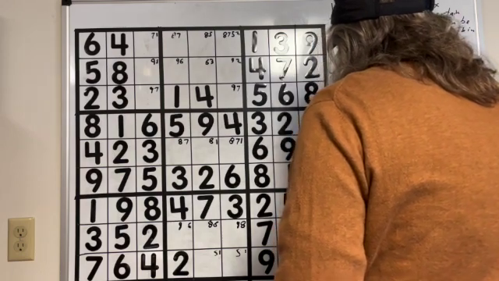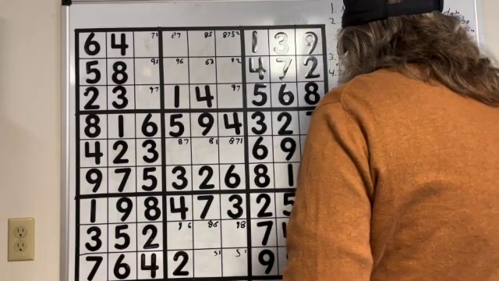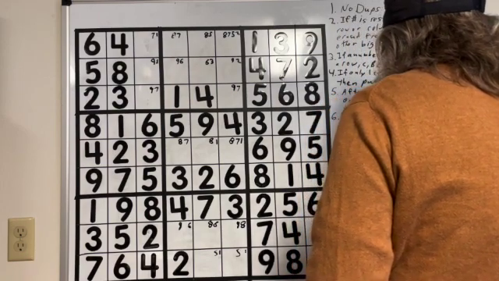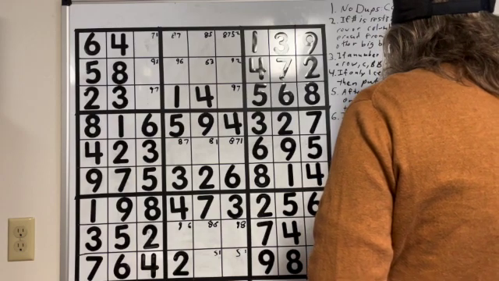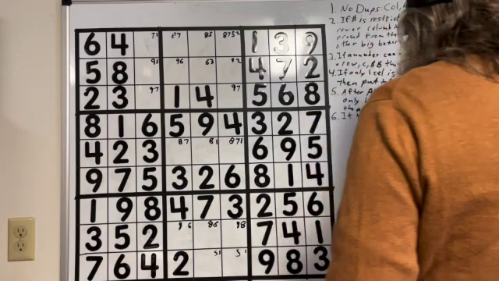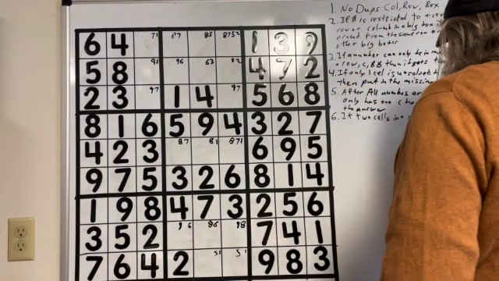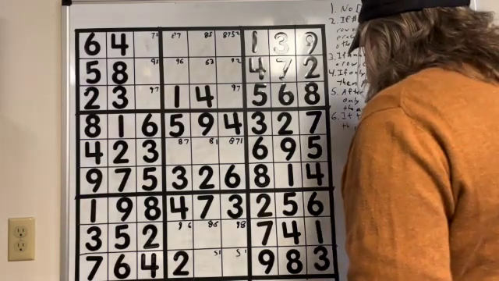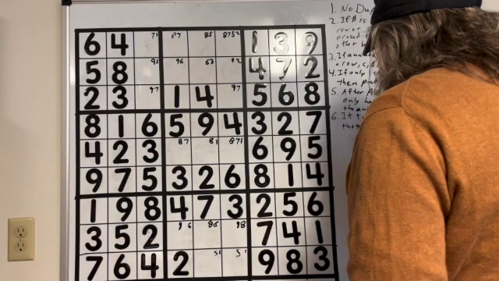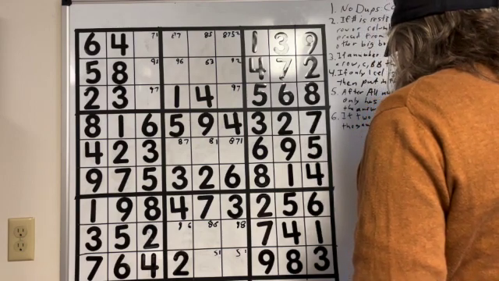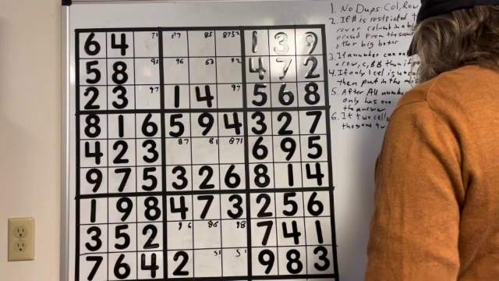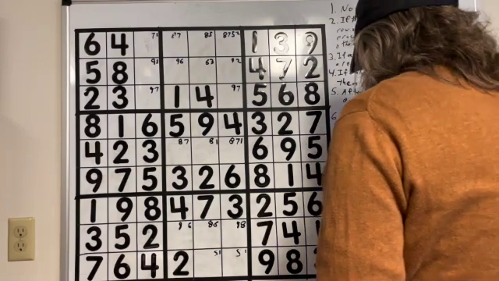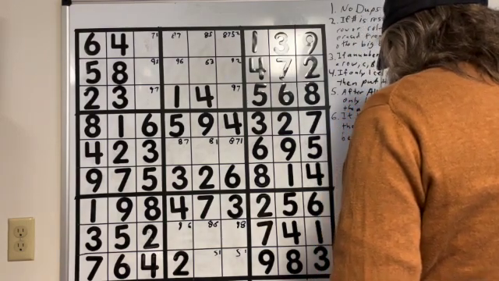So, if 2 cells in a row, column, or big box only have, and the word only is very important, only have the same 2 choices, then they can be erased everywhere else.